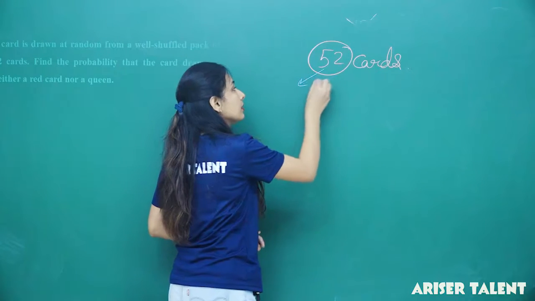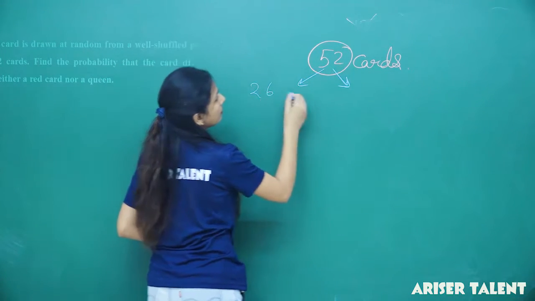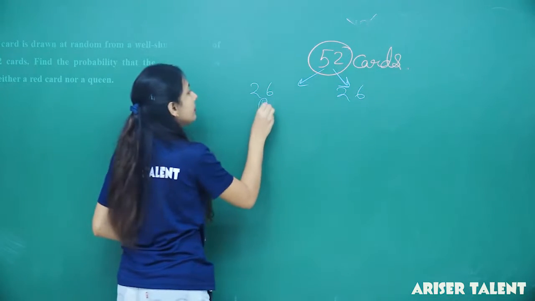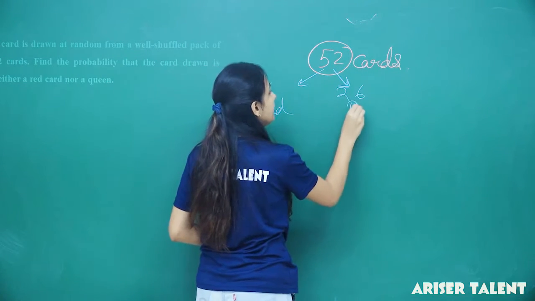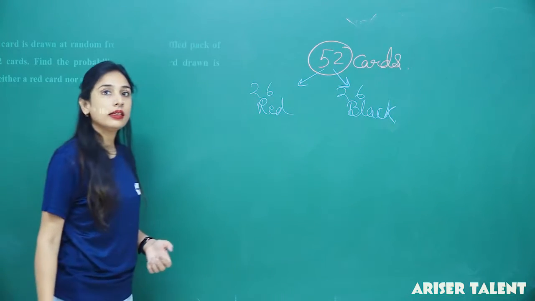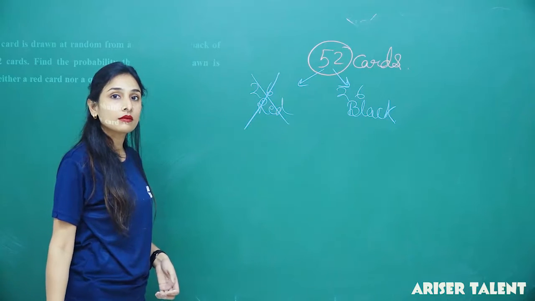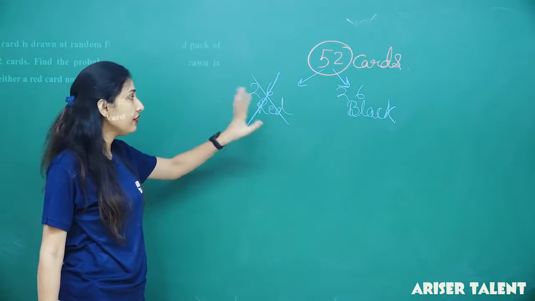We are having 26 red cards and 26 black cards. It's saying remove the red cards, removed. Remove the red cards, we have removed.